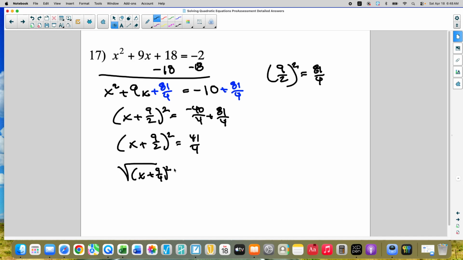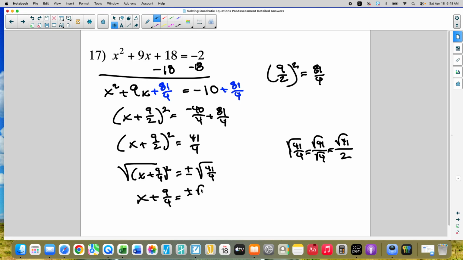X plus 9 halves quantity squared equals plus or minus square root of 41 fourths. So the square root of 41 fourths gives me the square root of 41 over the square root of 4. Square root of 41 cannot be simplified. Square root of 4 can be. You're left with x plus 9 halves equals plus or minus rad 41 over 2.